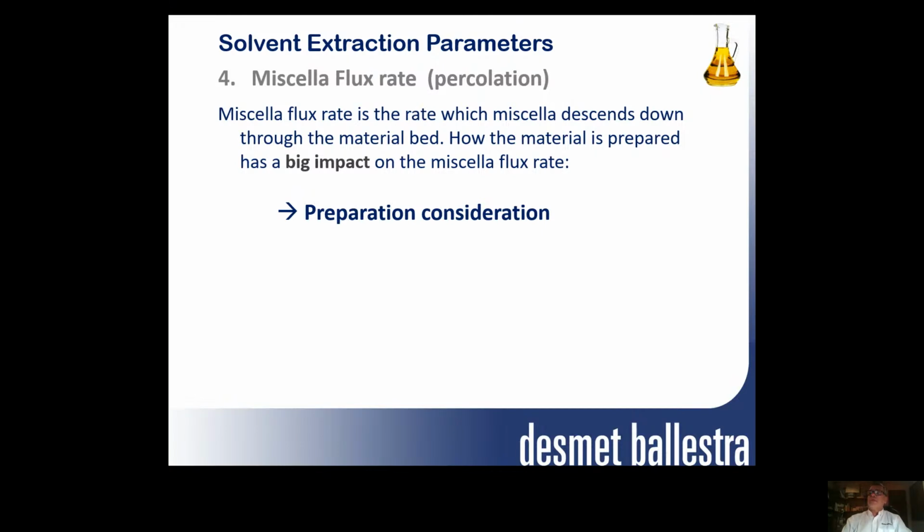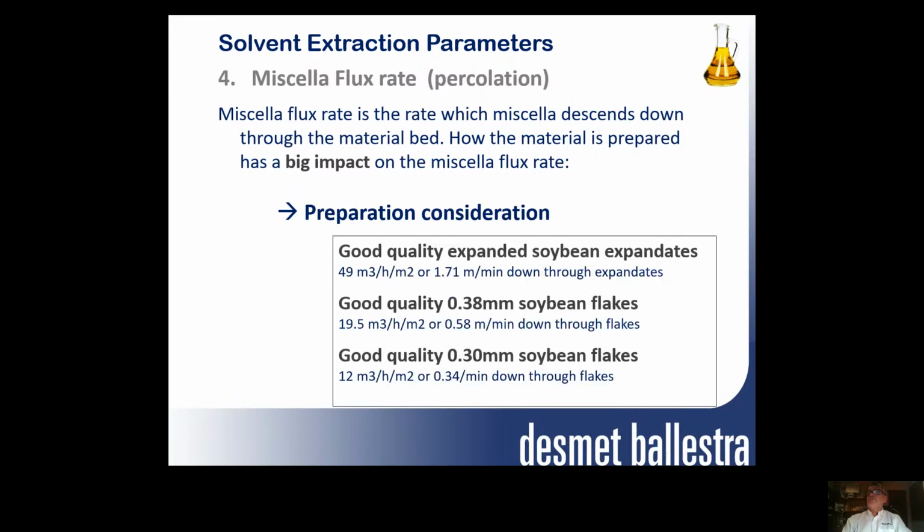Indeed, depending on the seed and on the preparation difference, if we have a good quality of expandate, for example, we have about 49 cubic meters per hour per square meter.